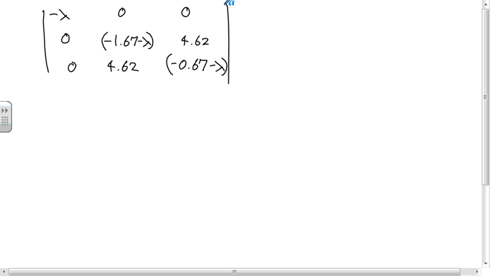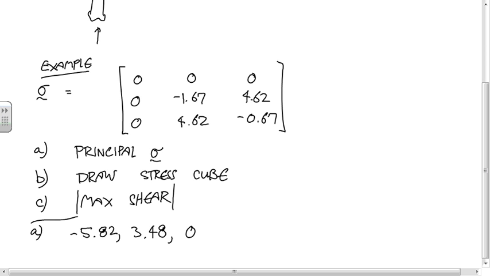So calculate that determinant. You're going to end up with only this times this subdeterminant. So you're going to have one root that's equal to 0 because it's already factored out. Then solve this quadratic, and you get these roots.